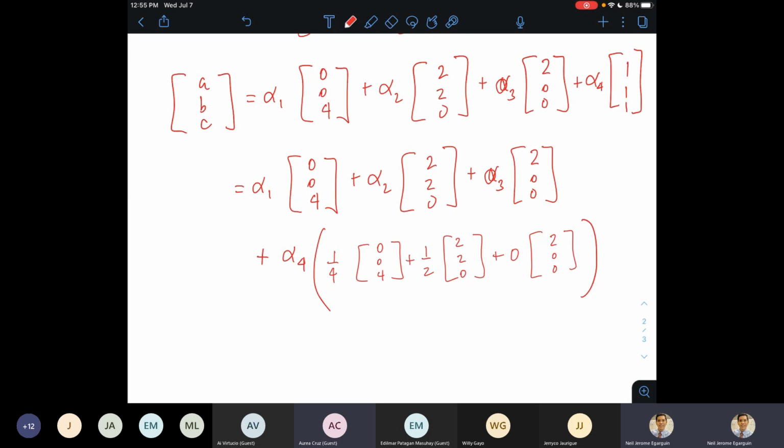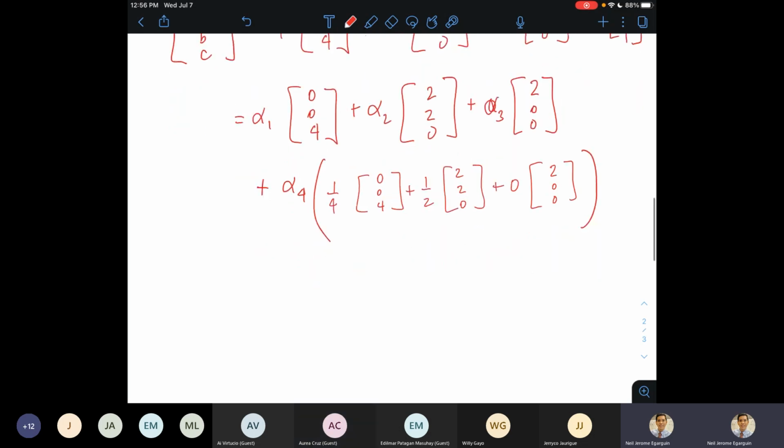Then I'll add things up using associativity and commutativity of vector addition, distributivity of scalar multiplication over vector addition, and the associative property of scalar multiplication.